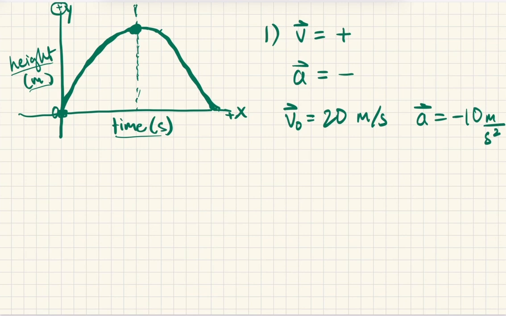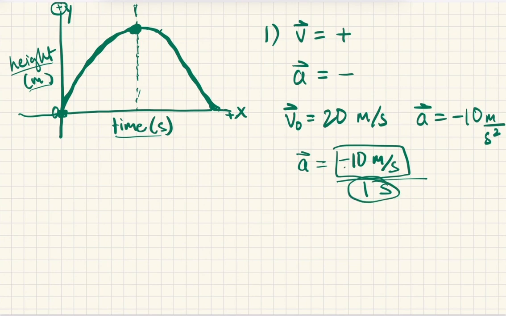Then since acceleration is the change in velocity over time, an acceleration of negative 10 meters per second squared means that the velocity changes by negative 10 meters per second every second. Okay, so when 1 second passes, our velocity should decrease by 10 meters per second. And that's what we would observe.